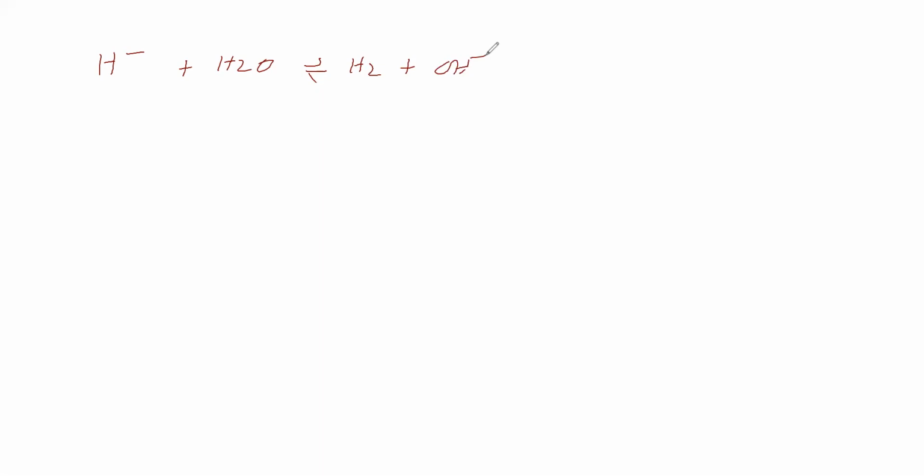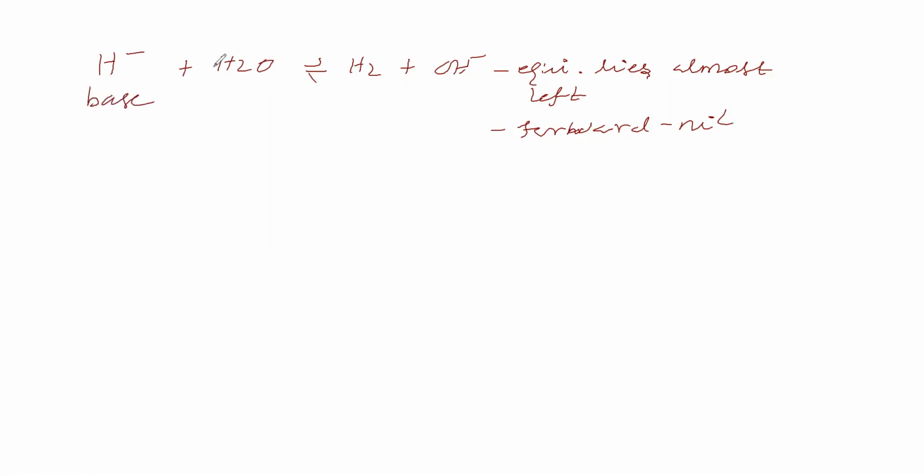Here, in this case, the equilibrium lies almost left, meaning forward is almost nil and backward takes place to complete extent. As per forward, H minus is a base.